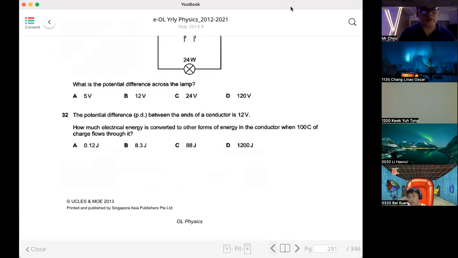So can all of you now start doing question 32 and then give your answer in the chat. Everyone of you do question 32.